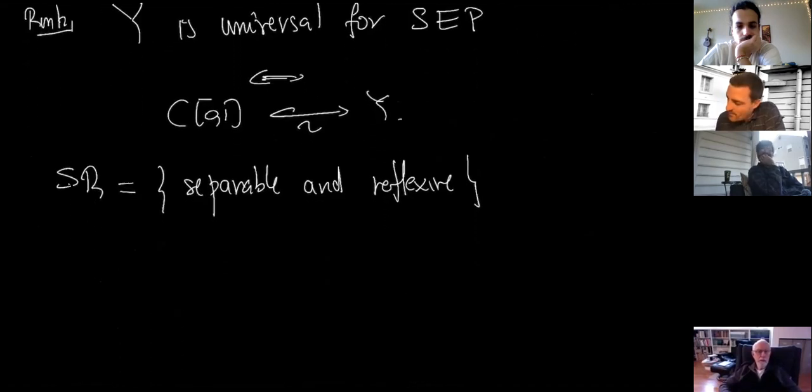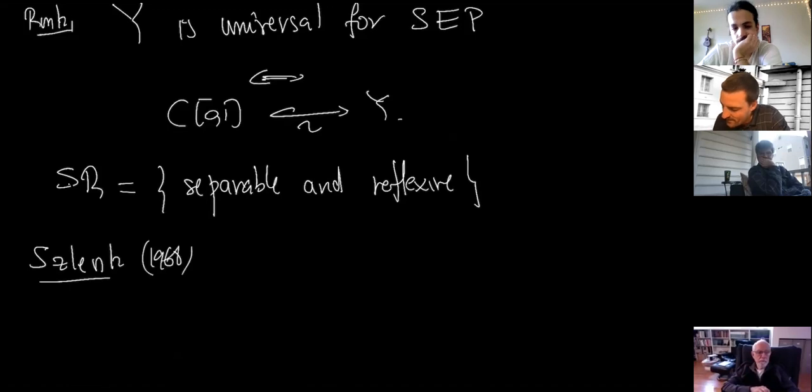So now there is a natural question: if you look at these smaller classes of Banach spaces, separable and reflexive, can you find a universal Banach space that belongs to this class as well, that is separable and reflexive? Well, it turns out that Szlenk in 1968 showed that this is not possible because he proved the following result.